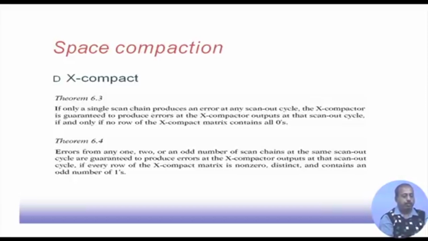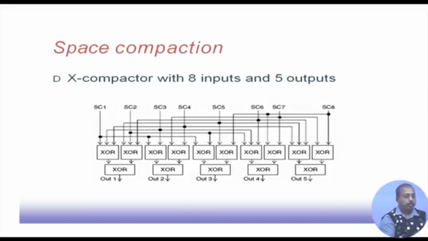compactor outputs. Okay. So, if any odd number of chains are giving faulty results, like SC1, SC3 and say SC6, then out of out 1, out 2, out 3, out 4, out 5, at least one of them will produce an output which is different from the fault free output.